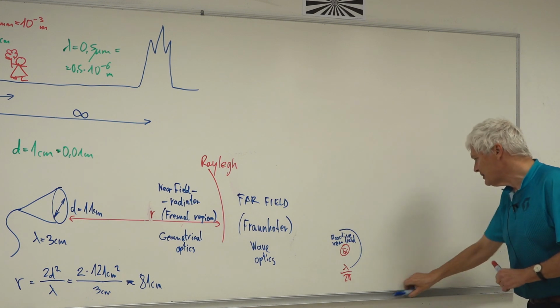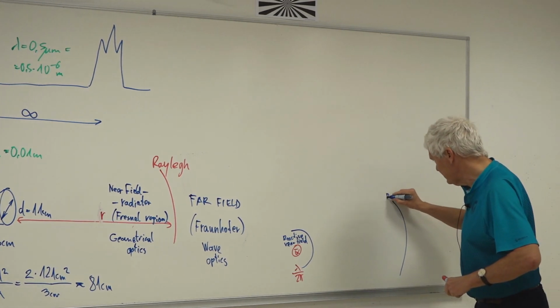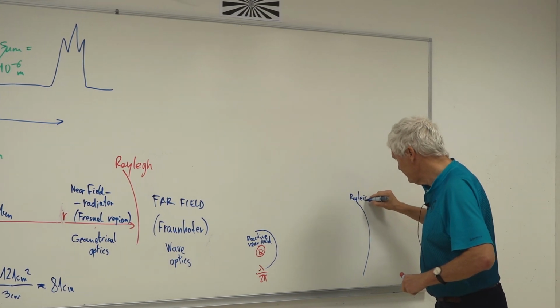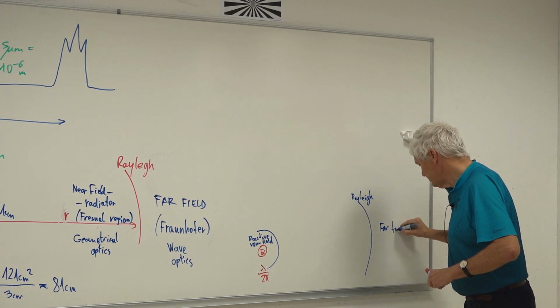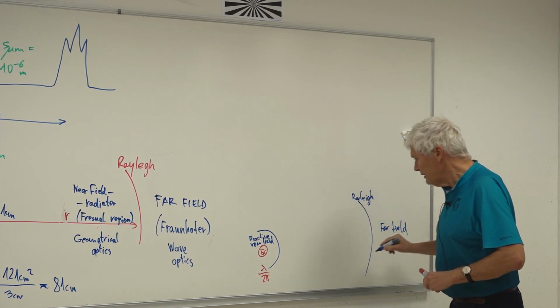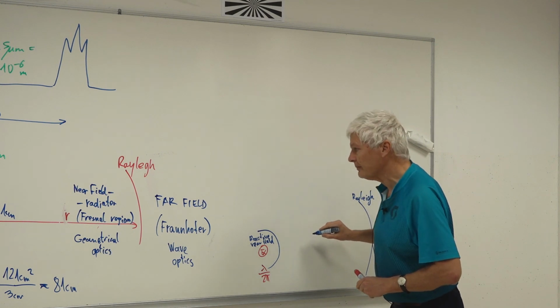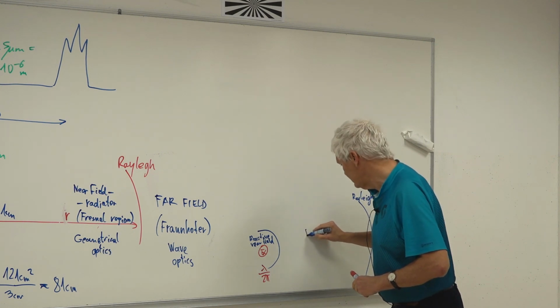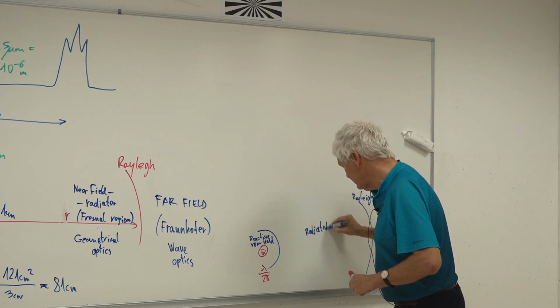And then at a much larger distance, we have the Rayleigh limit, where we have the far field here. In the region in between is Fresnel or radiated near field.